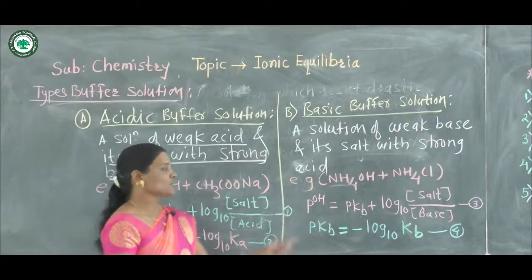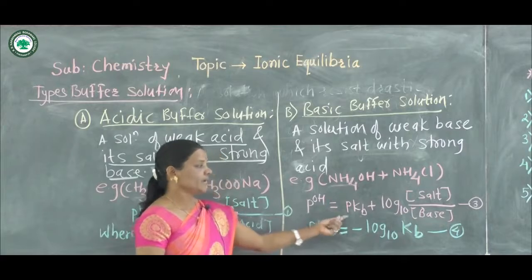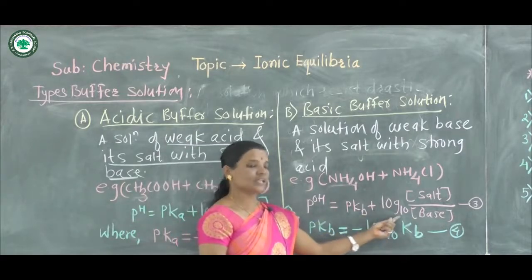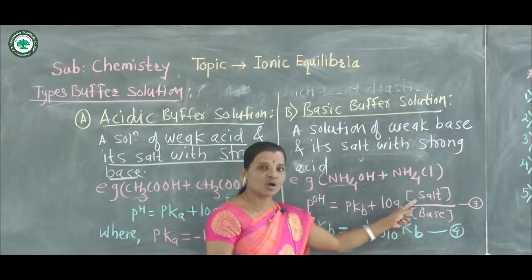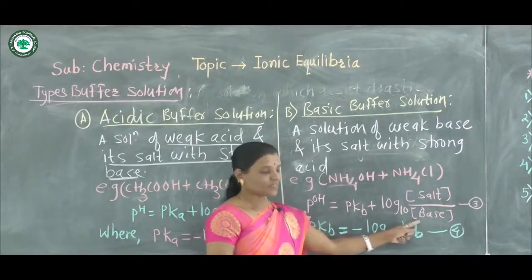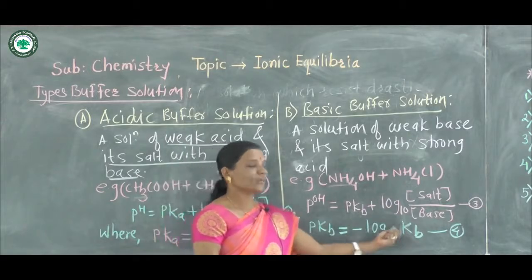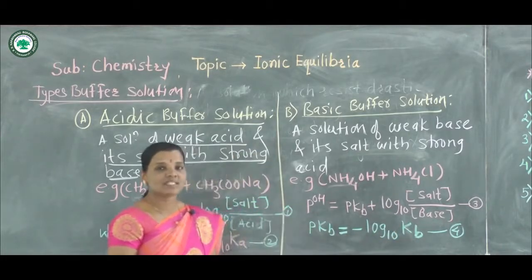For a basic buffer solution, its pOH is given by pOH is equal to pKb plus log to the base 10 concentration of salt divided by concentration of base, where pKb is equal to minus log to the base 10 Kb. What is that Kb?